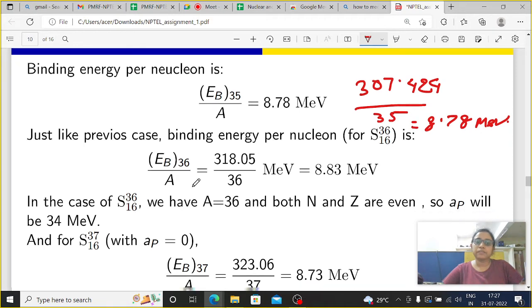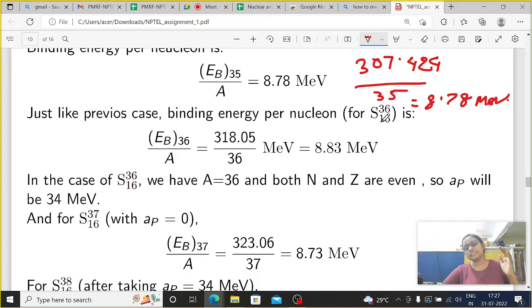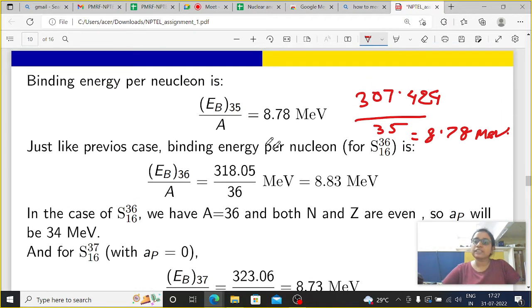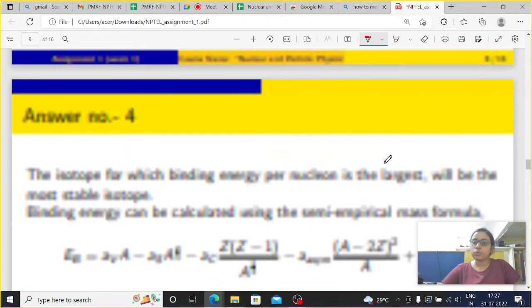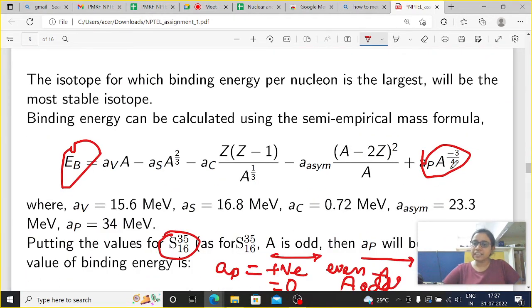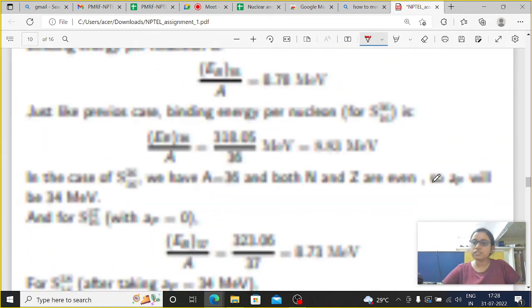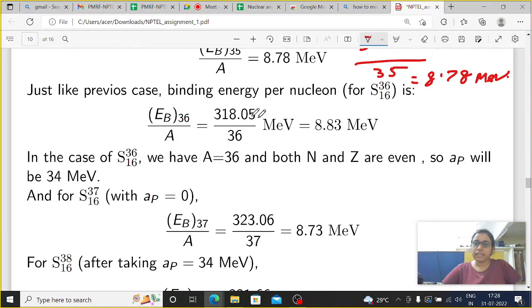But the binding energy for S-16-36 will be something like 318.05, because in that case of S-16-36 we have to add the last term a_P A^(-3/4), because S-16-36 has N, Z, A all even.